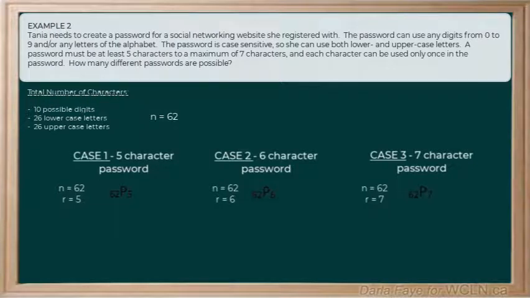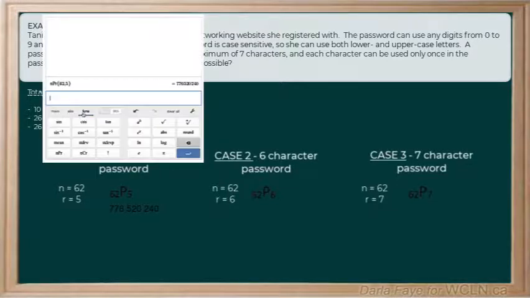All right, so let's calculate each of them. So the first one is 62P5. So I use my scientific calculator and I end up with this really big number. 776,520,240. You can see that would have been a little bit cumbersome to do in our equation.